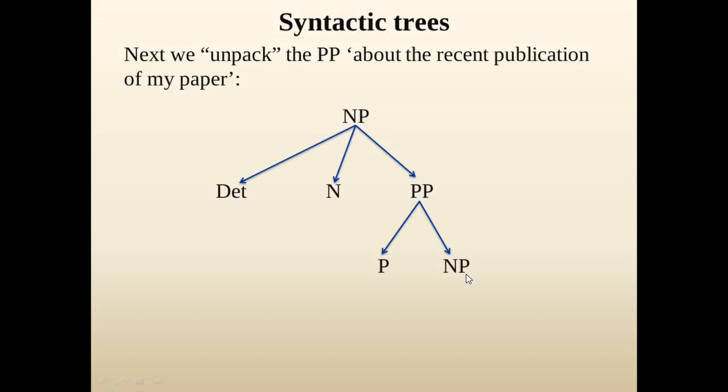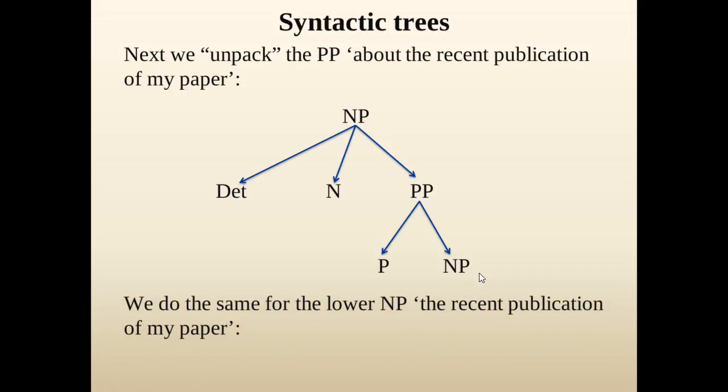This lower NP is our next target. We need to analyze it in terms of immediate constituents. So we have the determiner. Recent is an adjective, but also an adjective phrase.